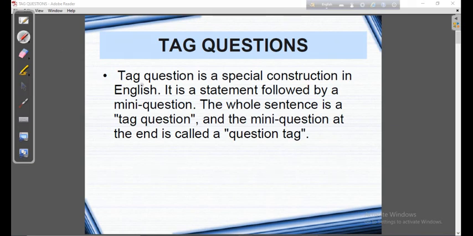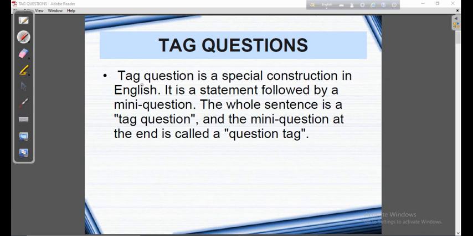Dear learners, very often, in order to know the opinion of the listener, the speaker adds a small question at the end of some particular sentences like assertive sentences, imperative sentences, or exclamatory sentences. These types of small questions are called tag questions.